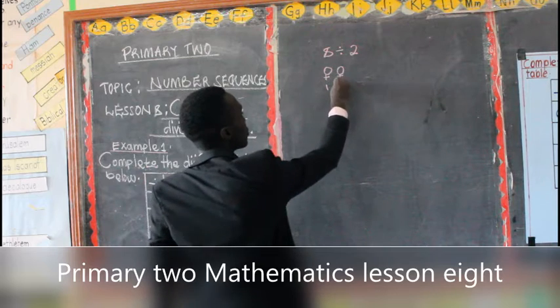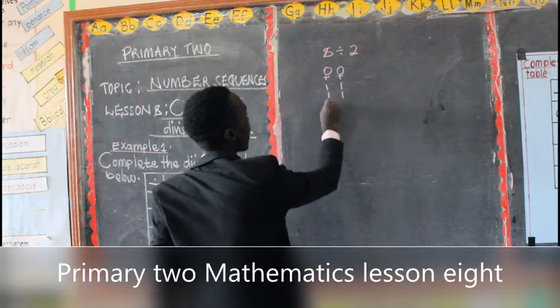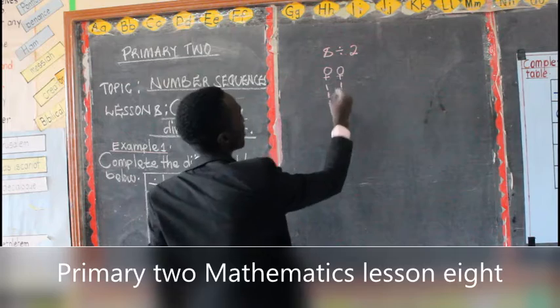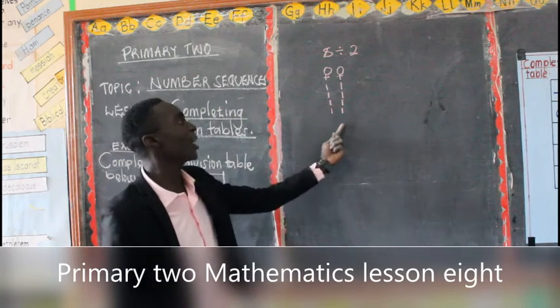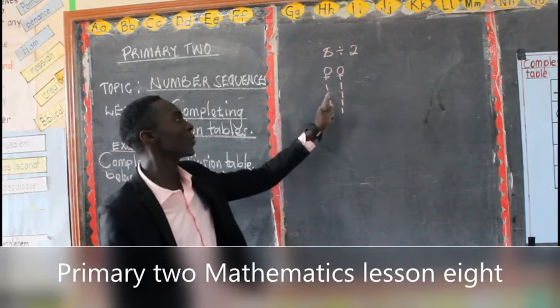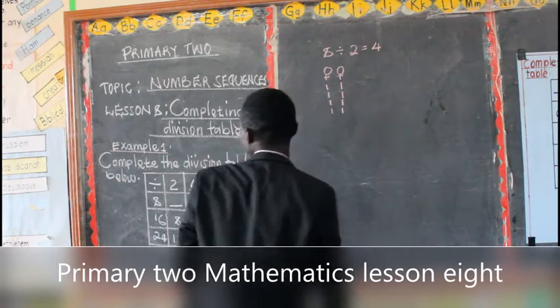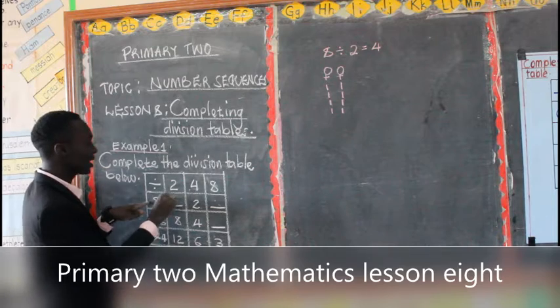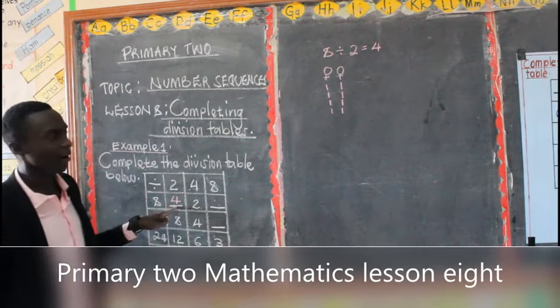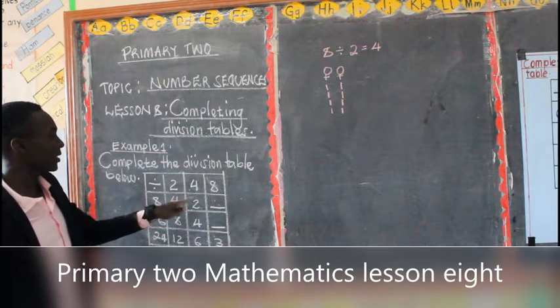Let's count 1, 2, 3, 4, 5, 6, 7, 8. So how many does each get? Each gets 1, 2, 3, 4. So here each gets 4. After getting 4, you will come and put it here.